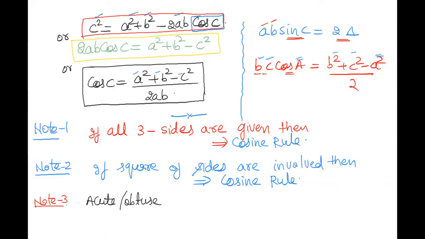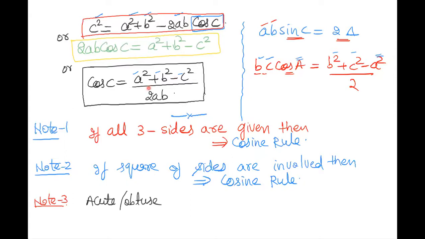Because we know it is a triangle, angle ABC will lie between 0 and pi. So in the first quadrant and second quadrant, sine will be positive. But in case of cos, the angle is between 0 and pi, so in the second quadrant cos will be negative.